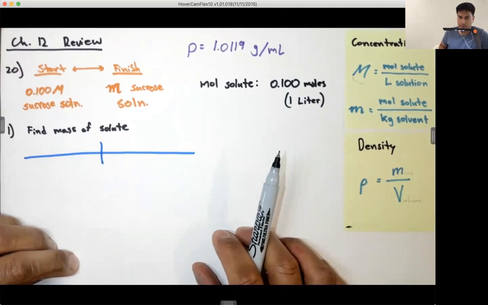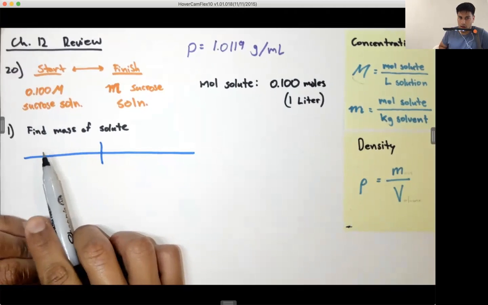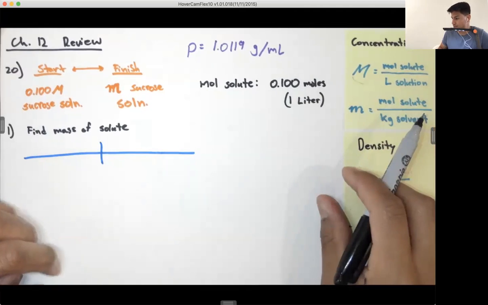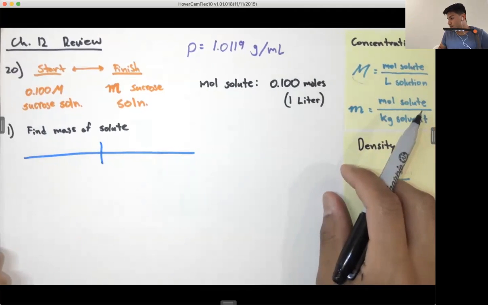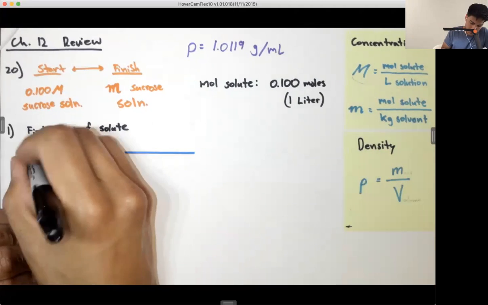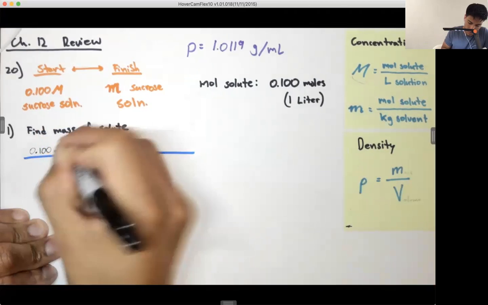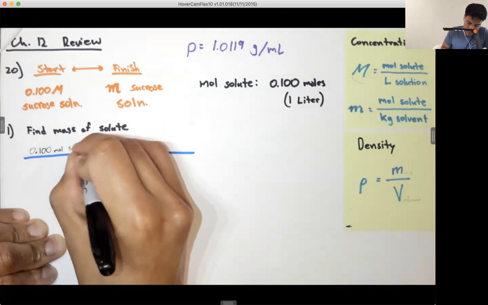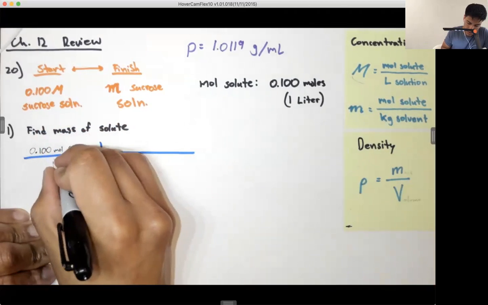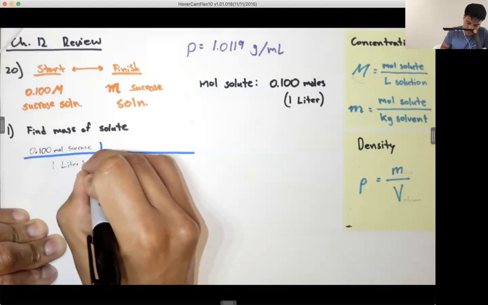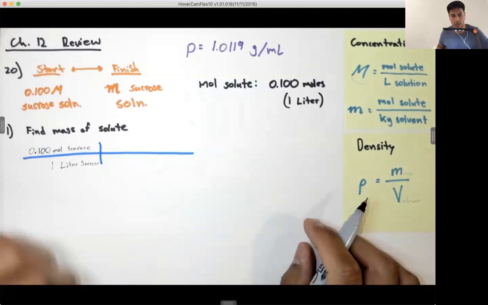So how many moles of solute do I have for 1 liter? 0.1, exactly. 0.100 moles of sucrose per 1 liter of solution. I wrote out liters, I just meant to write the L.